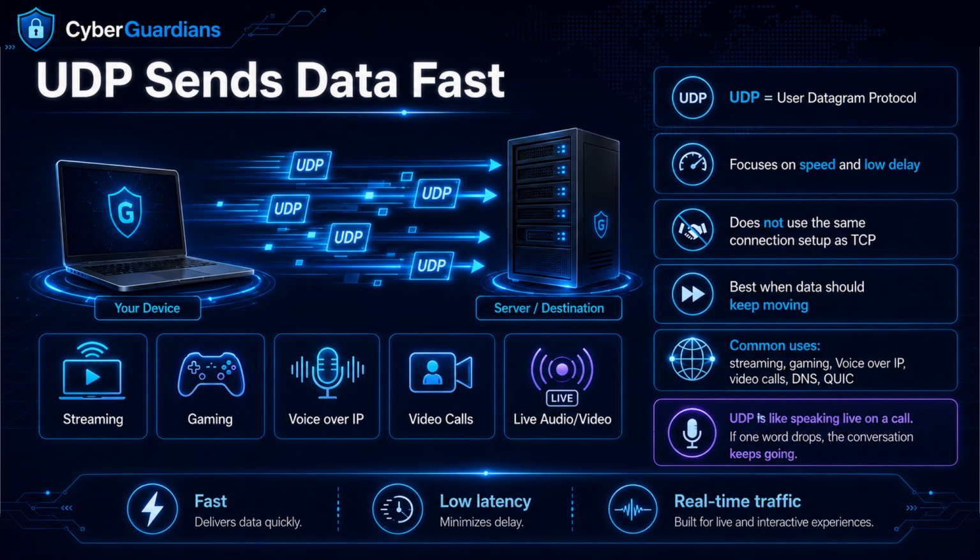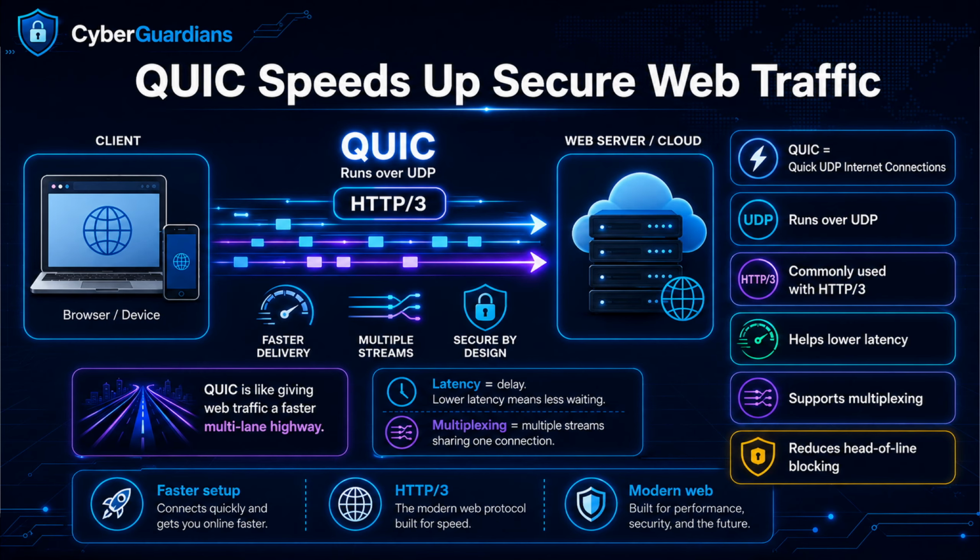Finally, we may see QUIC. QUIC stands for Quick UDP Internet Connections. QUIC is basically a newer transport protocol used with HTTP/3, which stands for Hypertext Transfer Protocol version 3. Traditional HTTP traffic commonly uses TCP.